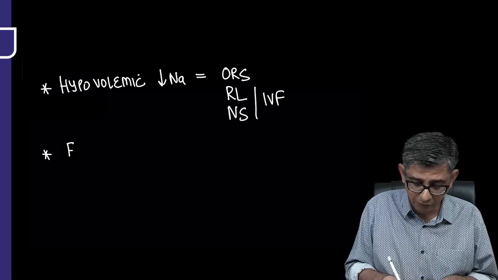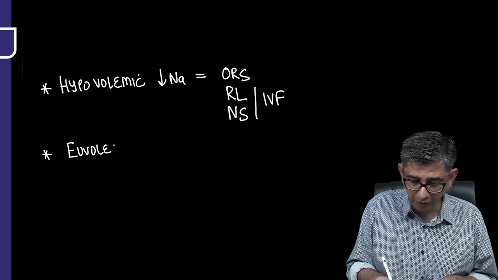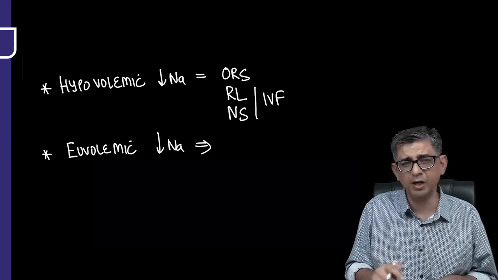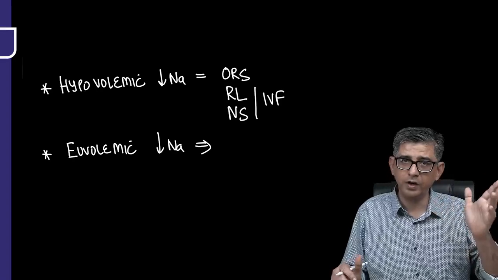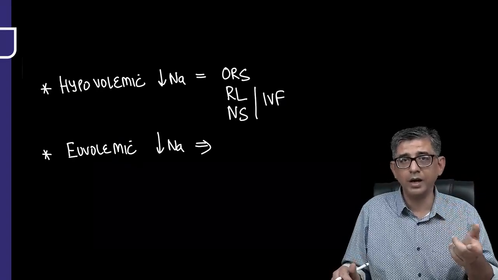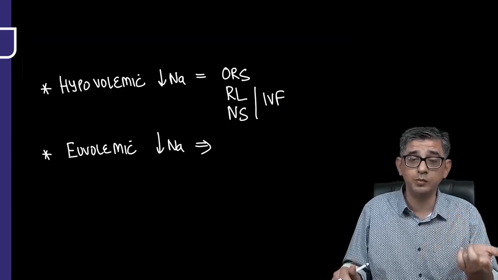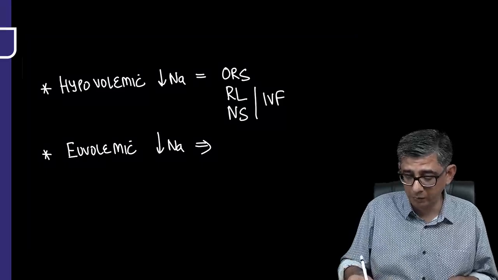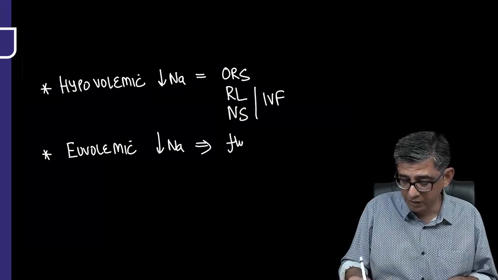Now let us compare this with a person having euvolemic hyponatremia. By this time, I'm very sure all of you have developed that reflex. Every time euvolemic hyponatremia, SIADH. What's going on in your brain? Lung cancer, ectopic production, reset osmostat like Legionella pneumophila or brain abscess. So in euvolemic hyponatremia, the first thing you will answer is fluid restriction.